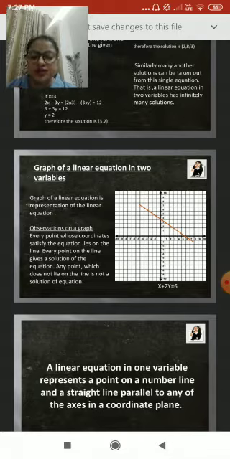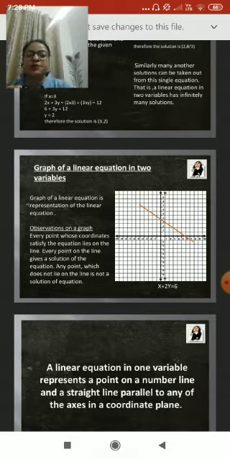Suppose you are seeing this slide and the graph, and you can see a straight line passing through some points. All these points are the solution of the equation given to us. If a line does not pass through a point, then that point is not a solution of the equation.